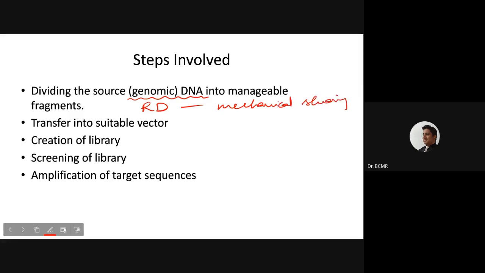Then the second is to ligate all the fragments into a suitable vector. We have learned several vectors, of which for genomic libraries we used lambda EMBL3A.